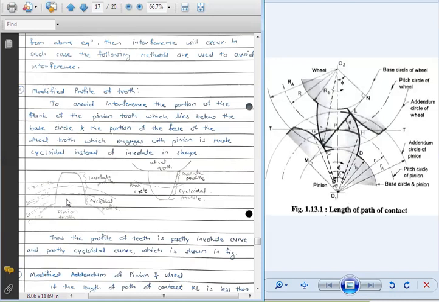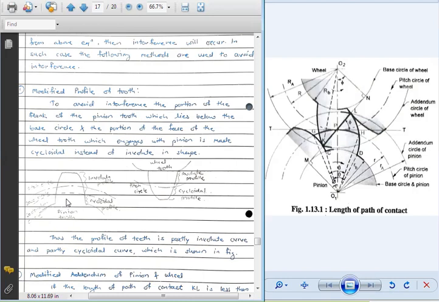If we are talking about the pinion, above the pitch circle it will have an involute profile, and below the pitch circle it will have a cycloidal tooth profile. But in case of the wheel tooth, it will be vice versa. Above the pitch circle of the wheel tooth, it will be a cycloidal profile, and below the pitch circle of the wheel, it will be an involute profile.